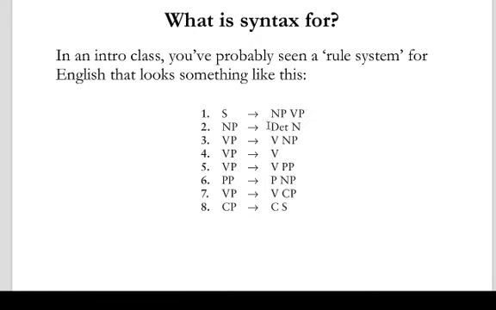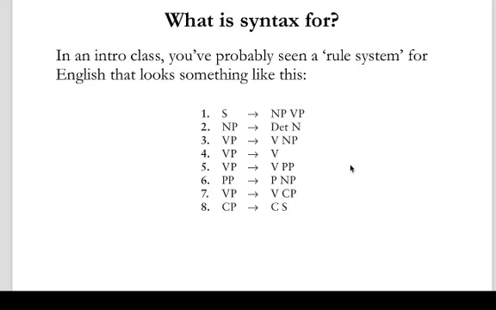And then, well, what are these noun phrase and verb phrase things? According to this particular toy grammar, a noun phrase consists of a determiner like the or a followed by a noun. And a verb phrase can consist of a verb followed by a noun phrase like saw the dog, or it can be just a verb as in ate, or it can be a verb followed by a prepositional phrase, and so on and so forth.